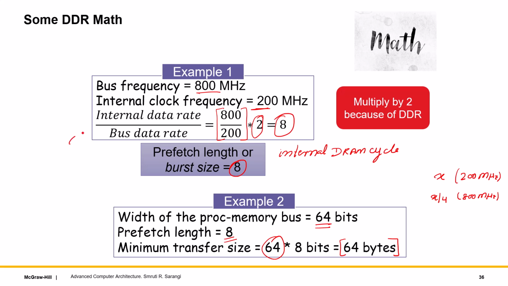This formula is pretty much catching the essence of that, which is basically saying that my internal data rate divided by the bus data rate has to be of the ratio 800 by 200.